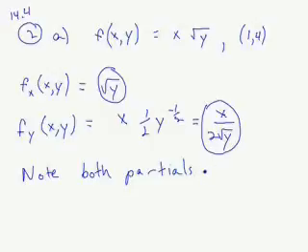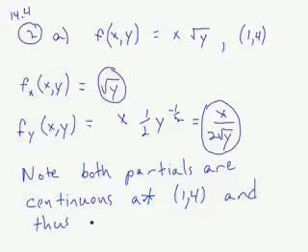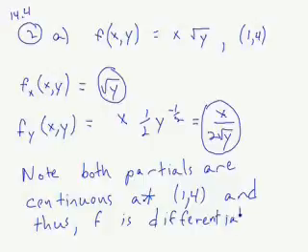I'll just say both partials are continuous at the point (1, 4), and thus f is differentiable at (1, 4).